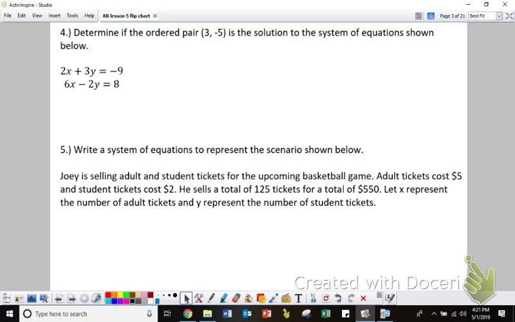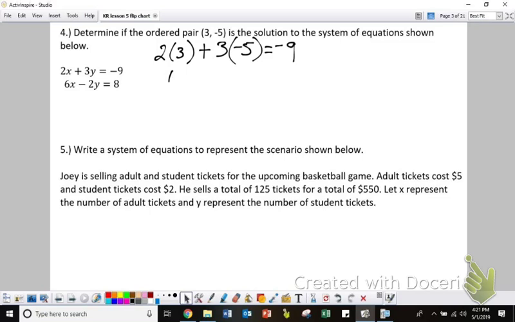Now, in order for it to actually be a solution to the system of equations, it has to work for both. So if I plug in 3 for x and negative 5 for y in 2 times 3 plus 3 times negative 5, that should equal negative 9.